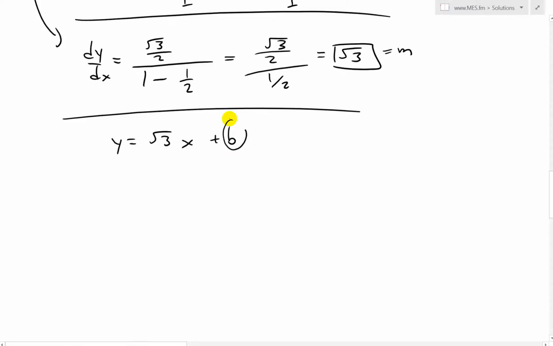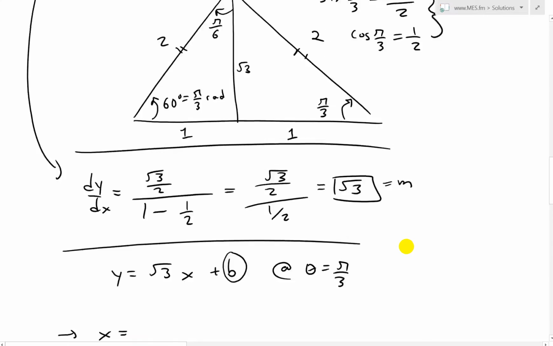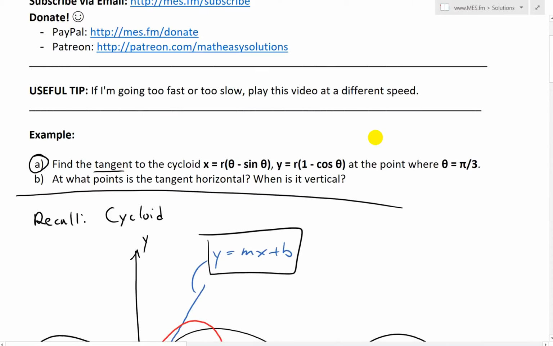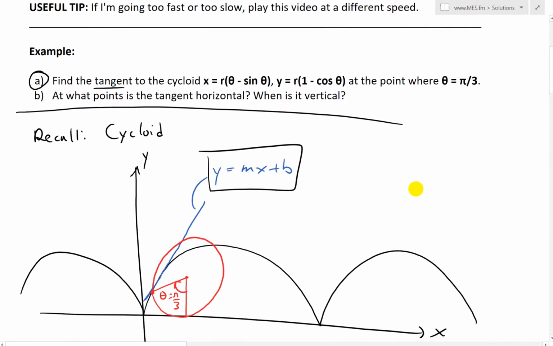Now we want to solve for b, and this is all at theta equals pi over 3. To solve that, we can just plug this inside. Recall the equation: x is r times theta minus sine theta, and y is r times 1 minus cosine theta.